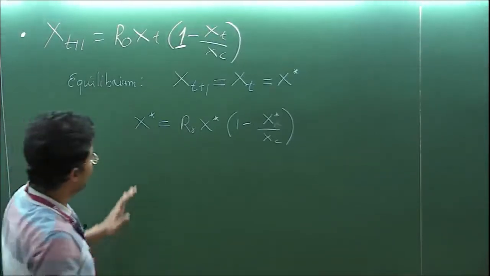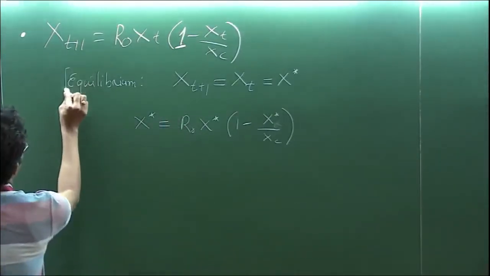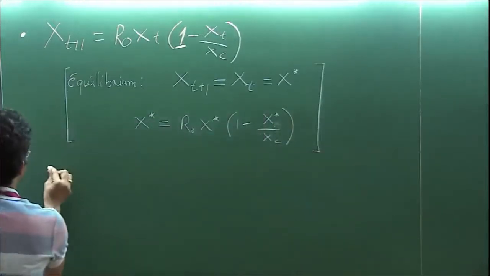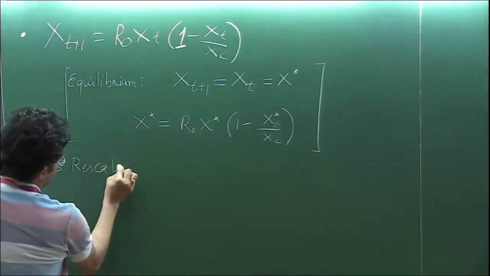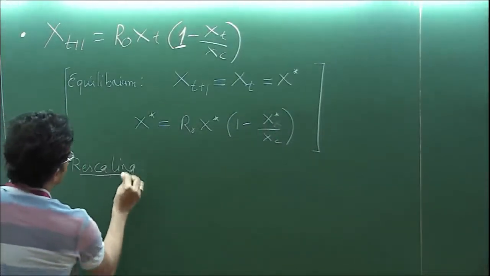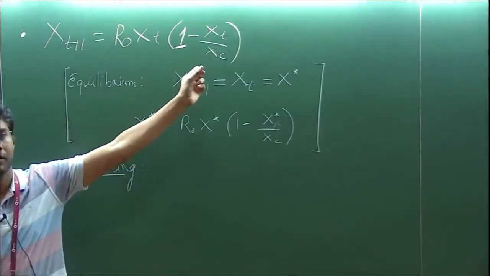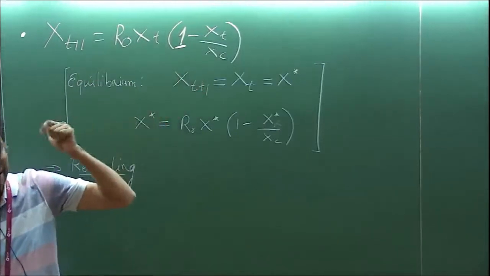By the way, before we go ahead and solve this equation, I wanted to do one more small step which I forgot to do. This is a notion called rescaling, or sometimes just scaling. Now, how many parameters are there in this equation? There are two parameters, R0 and XC.